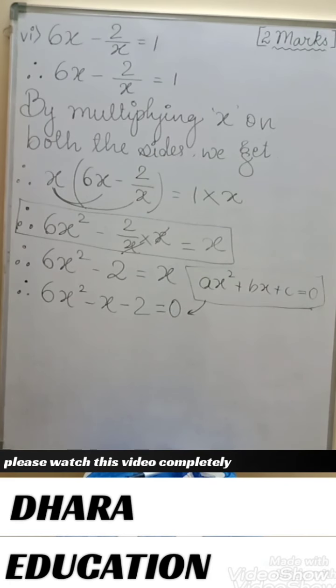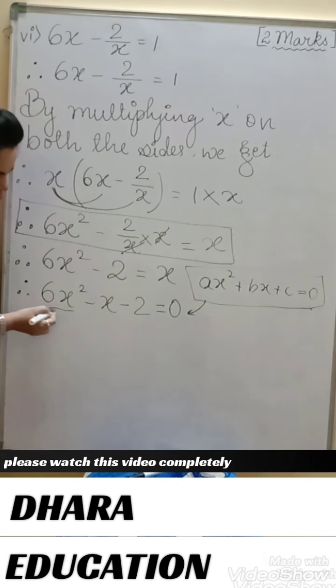So now our next step: after the first step, comparing the standard form, we have converted this sum over here. What is the second step? The second step is to factorize the middle term in a proper way, to split the middle term in a proper way, right? So our first step we have done.